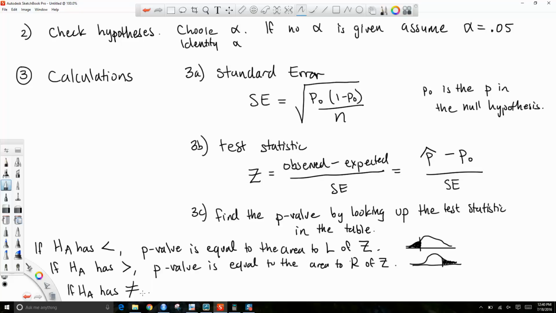And if the alternative has a not equal to, the p-value is 2 times the tail area. Okay, so you're going to find tail area is basically the area to the left of z if it's negative, or the area to the right of z if it's positive.